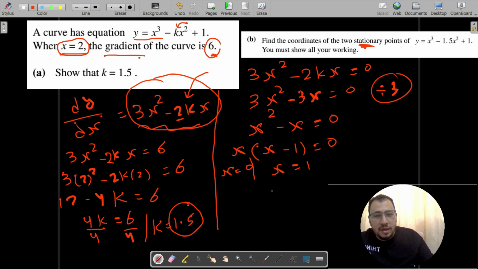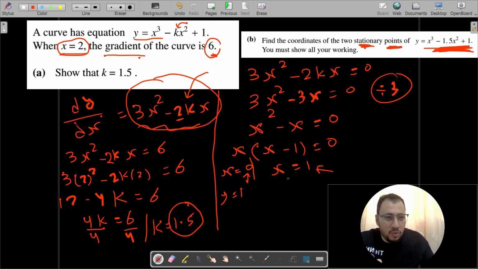Okay, this is not the end. He's asking you to get the stationary points. When you need to find points, you also have to get the value of y. So we go to the original equation and substitute x once with 0 and once with 1. Substituting with 0, y equals 1. Substituting x with 1, y equals 1 minus 1.5 plus 1, which is equal to 0.5.